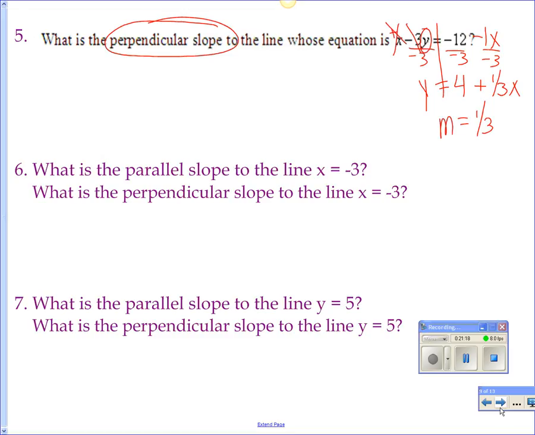Perpendicular. Anybody know what I have to do to give the final answer? Allison? Flip and change it. Dylan, what's 1/3 going to become when I flip and change it? Good. You can put over 1 or you can just put negative 3. That's the answer to number 5, negative 3.